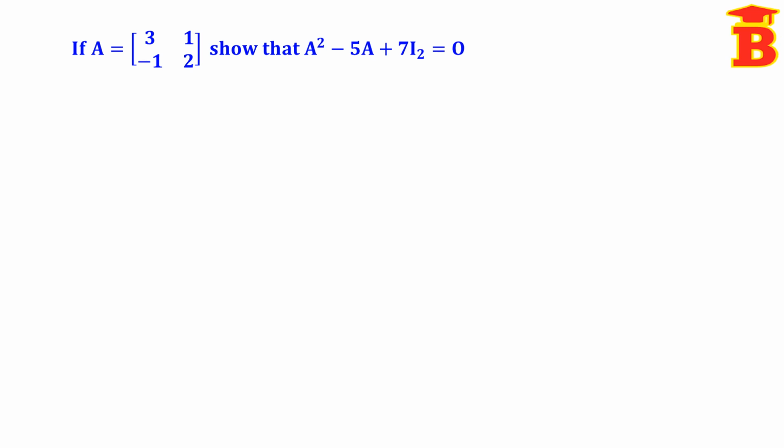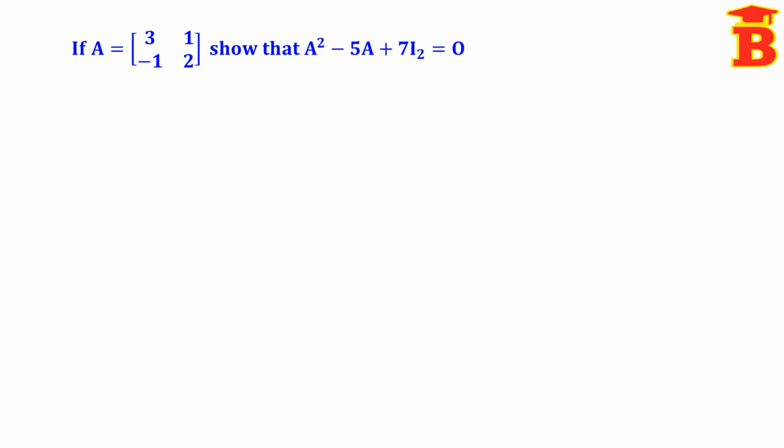Next problem, A matrix is given, [3, 1; minus 1, 2]. We have to show that A square minus 5A plus 7I equals the 0 matrix. The 0 matrix is denoted as O. Here I2 means the identity matrix of order 2 cross 2, that is 2 rows and 2 columns, which is nothing but [1, 0; 0, 1].